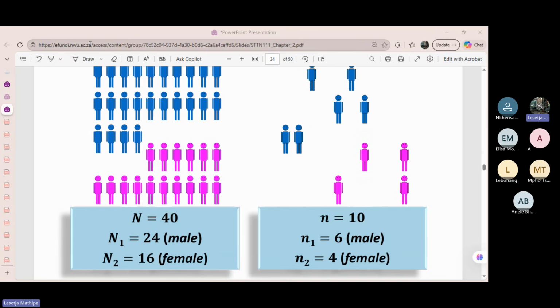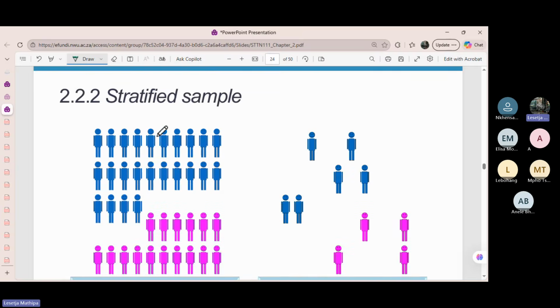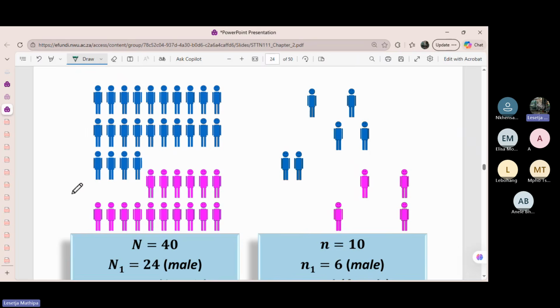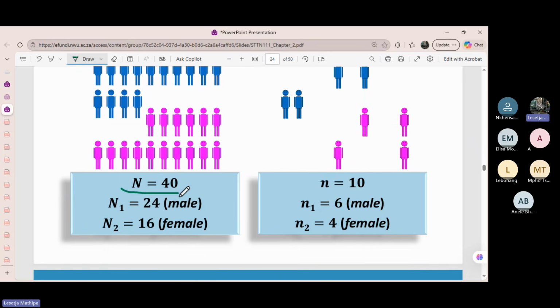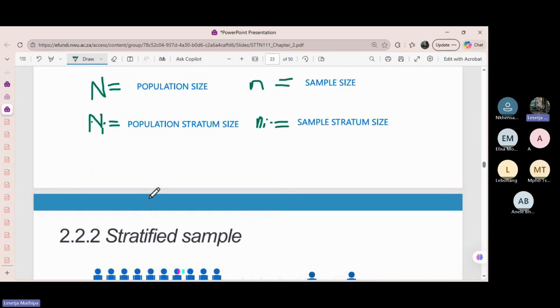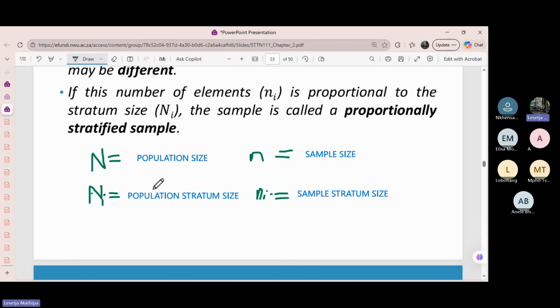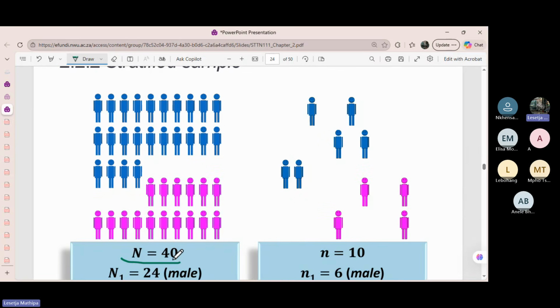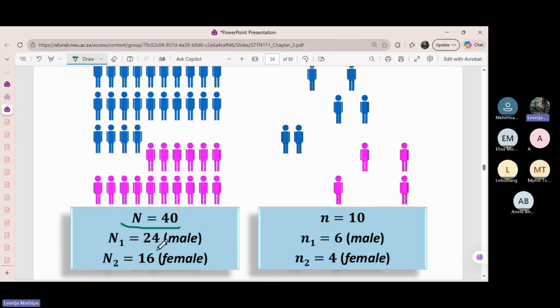Sorry about that. Now look at this. Remember, this is the population size, which is 40. The total here is 40. The population stratum size for male is 24.